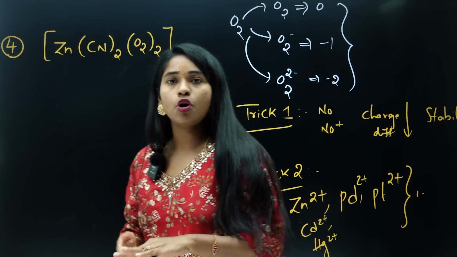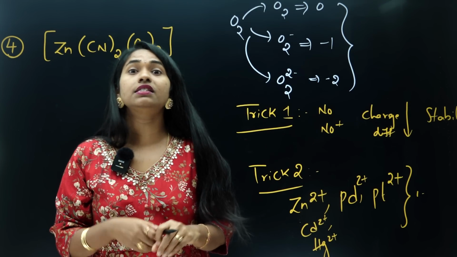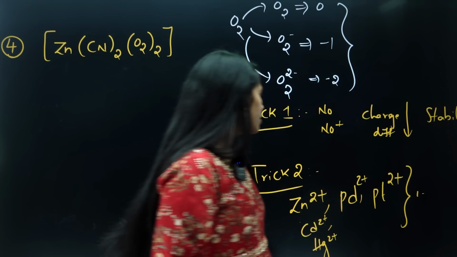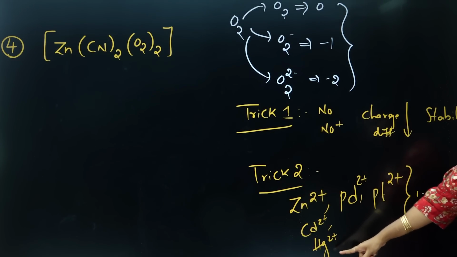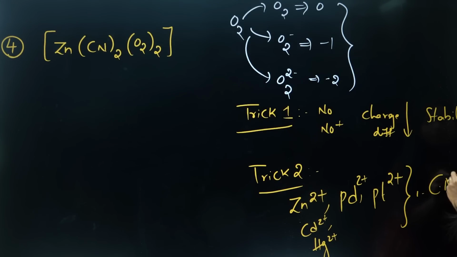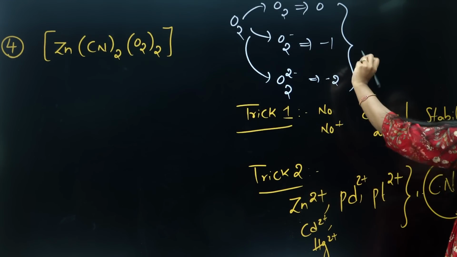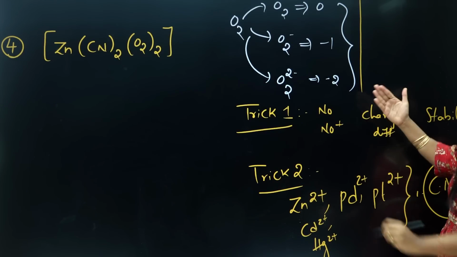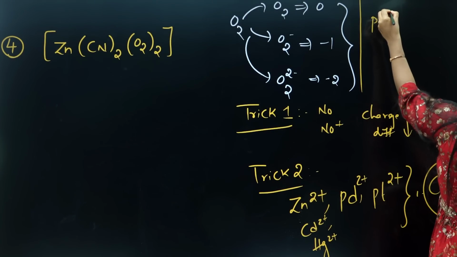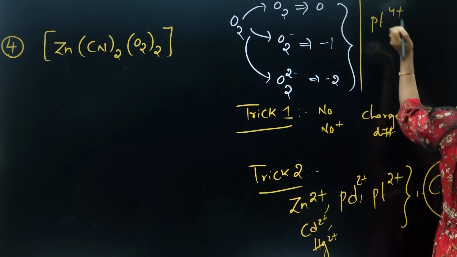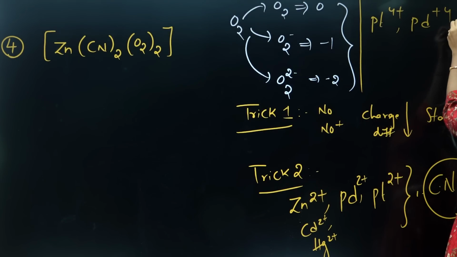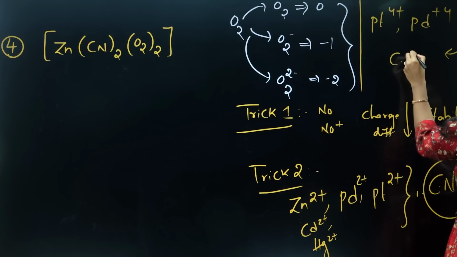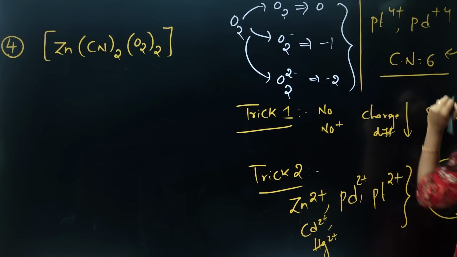When they are in +2 oxidation state, most of the cases their coordination number will be 4. So Zn +2, Pd +2, Pt +2, Cd +2, Hg +2, coordination number will be 4. And another important point, trick number 2 continuation: platinum in +4 oxidation state and palladium +4. In this case, the coordination number is mostly 6.